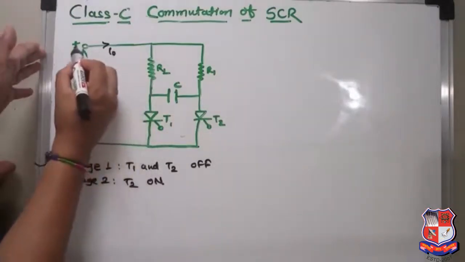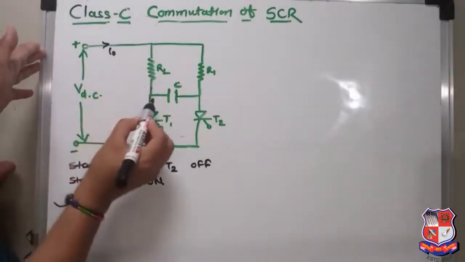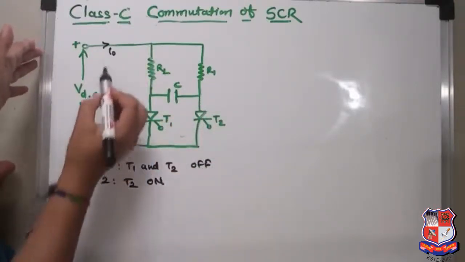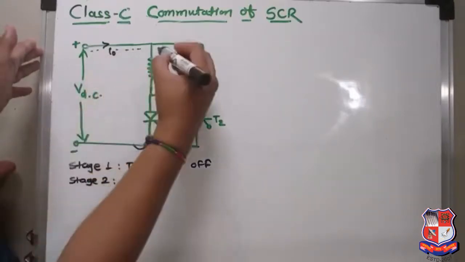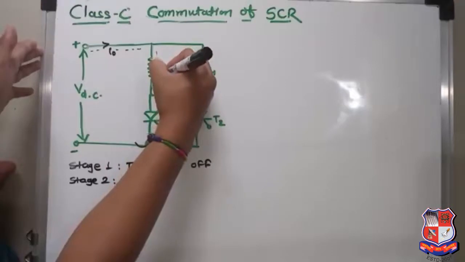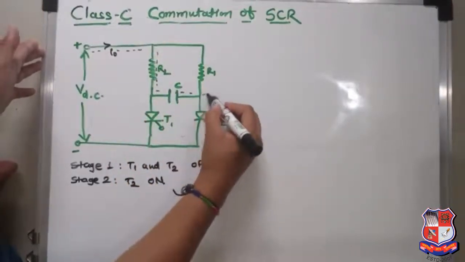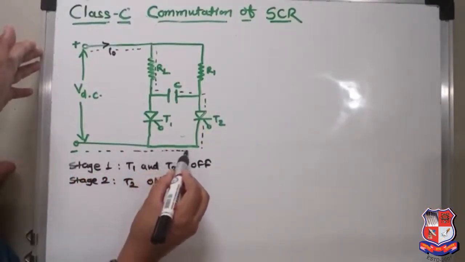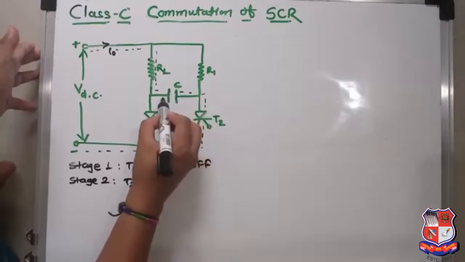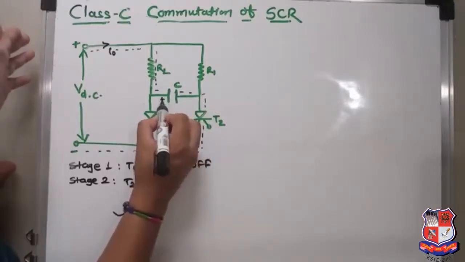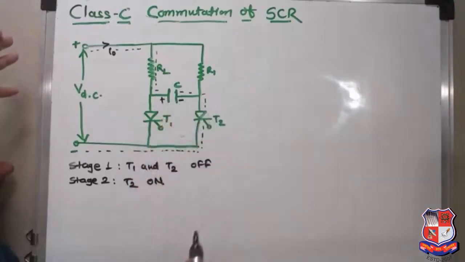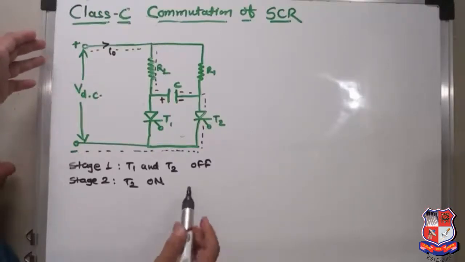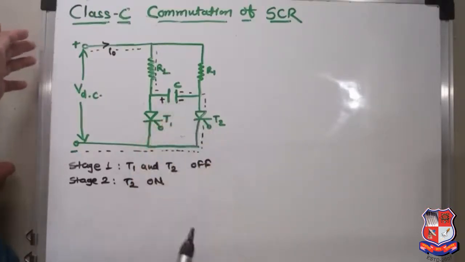The current flows from positive through RL, through the capacitor, through T2 to the negative. So the current is flowing like this. The capacitor now gets charged with the left hand side plate positive with respect to the right hand side, meaning the capacitor is charged to VDC, here positive and here negative.